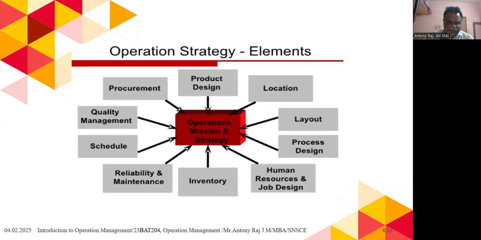Inventory is nothing but, there are three types of inventory: finished goods inventory, work in process inventory, and raw material inventory. Then reliability and maintenance and scheduling, quality management and procurement, and then product design. So operation strategy encompasses all these elements.